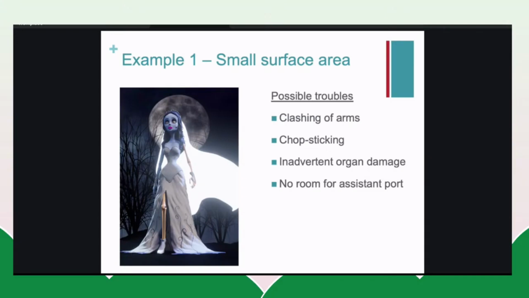And the potential troubles related to that will be clashes of robotic arms or instruments. It may also cause chopsticking inside the abdomen. And these sorts of clashing and chopsticking may lead to organ damage. And also, because of the small surface area, there may not be enough room to place the assistant port.